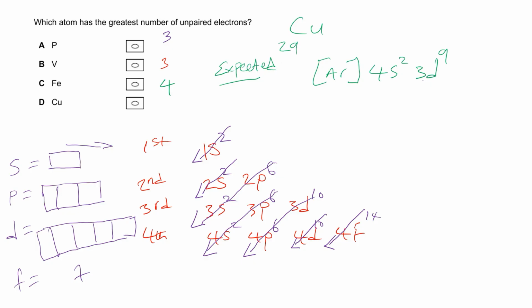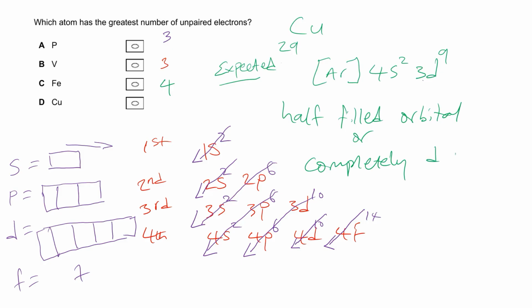They strive for stability, and for a d orbital to be stable, it either has a half-filled or a completely filled d orbital.